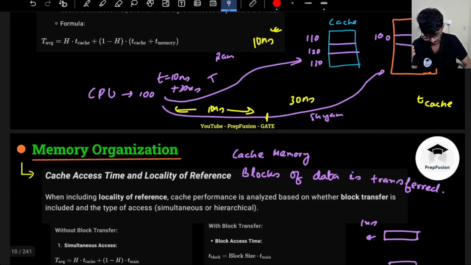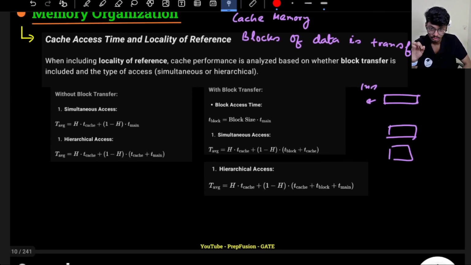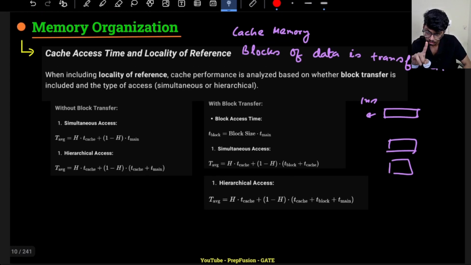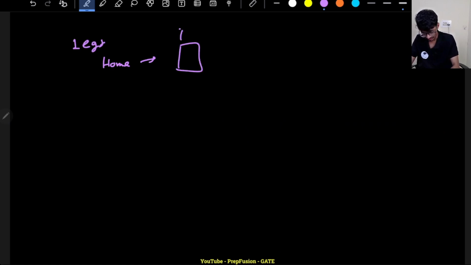Same thing here. If I am at home, I will only bring whatever is required. If I am going to the market, I will bring multiple things, because I don't want to go to the market multiple times. Same analogy: I require an egg, a single egg, so I go to the fridge. The fridge is my cache memory.